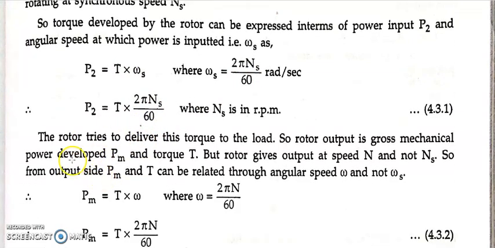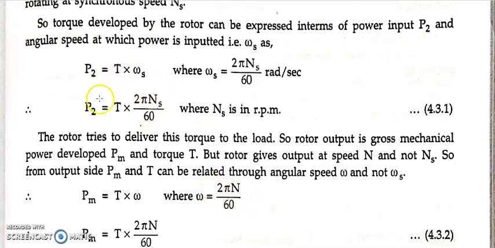So now what happens? Whatever input is there will be utilized to stator output. Whatever we are giving as the rotor input, it is utilized in developing what? Mechanical power. So again, gross mechanical power developed. Yes or not? PM is equal to T into omega. And again omega is equal to 2 pi n by 60. You can see I am not writing ns here. Why? Because we know that always your rotor runs at subsynchronous speed.